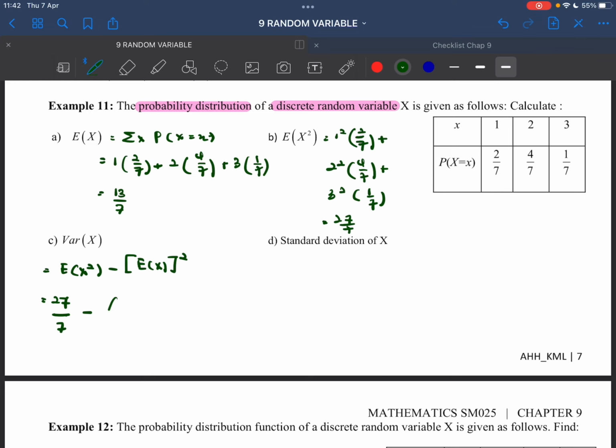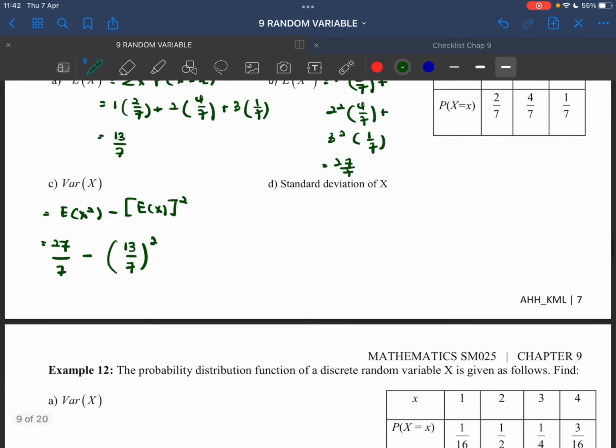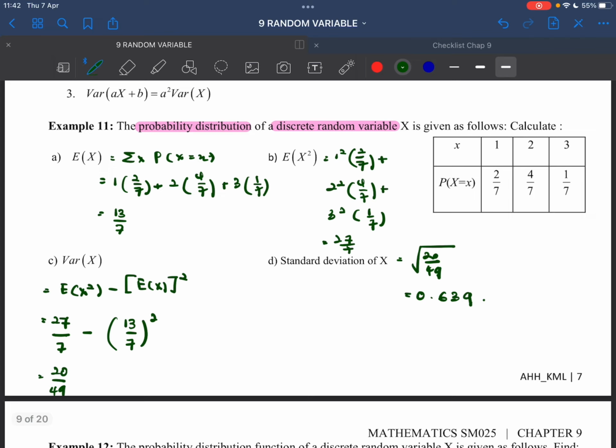EX is from question A, 13 over 7, which we need to square. Here we get 20 over 49. And the last part is the standard deviation, where we just square root the variance. The square root of 20 over 49 gives the answer 0.639. So these are very basic formulas for variance and expectation.